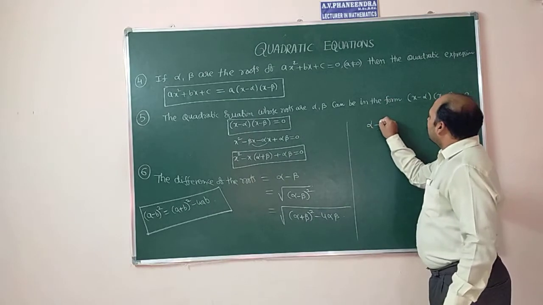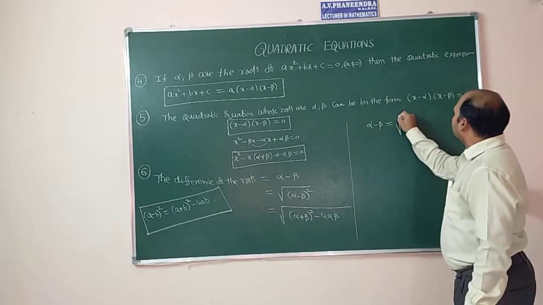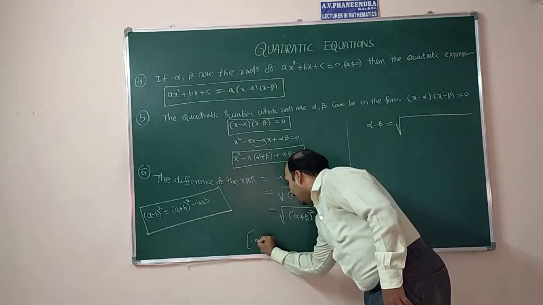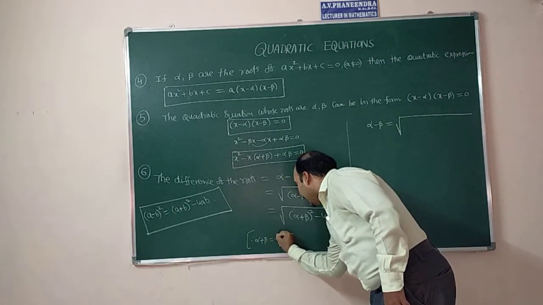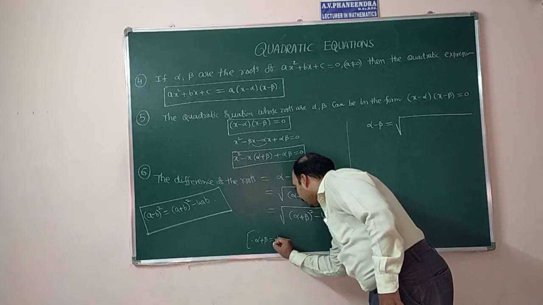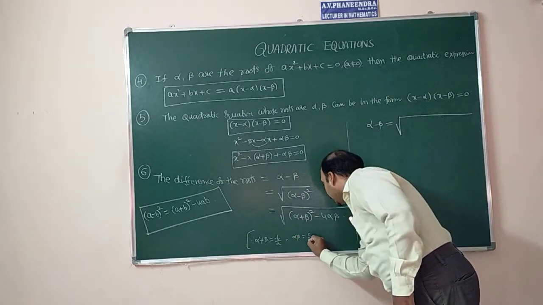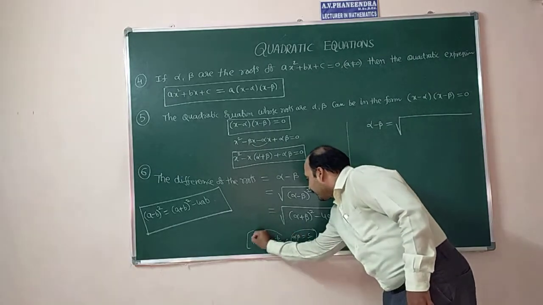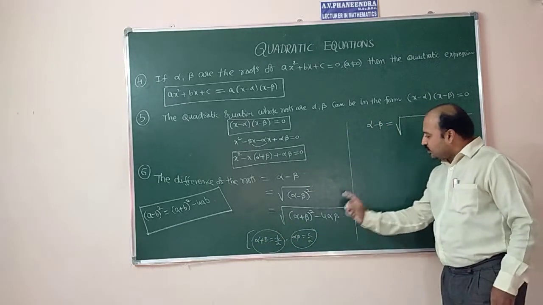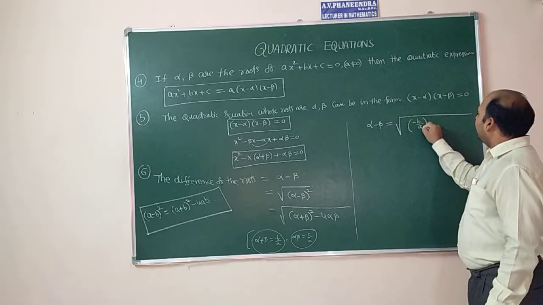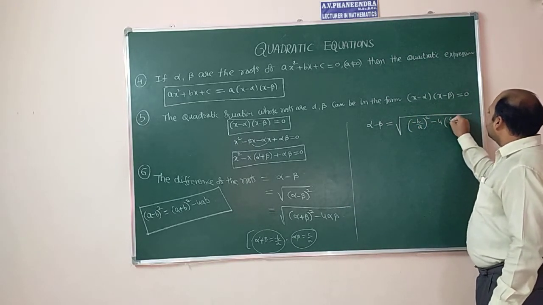The difference of the roots alpha minus beta equal to square root of, since we have alpha plus beta equal to minus b by a and alpha beta is equal to c by a, we know these values. These values substitute in this. So minus b by a whole square minus 4 into c by a.